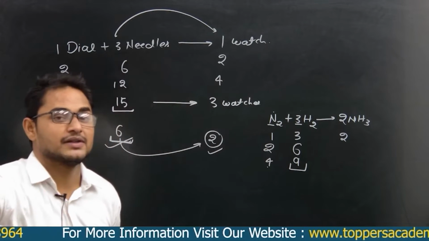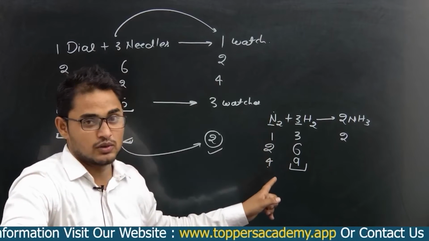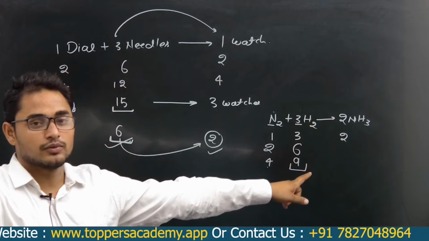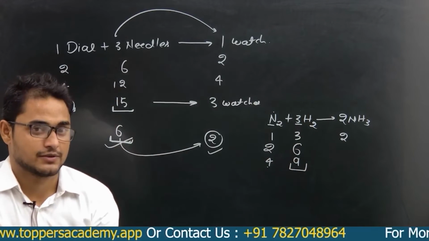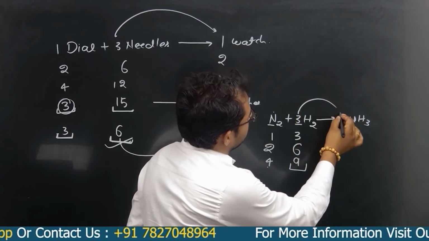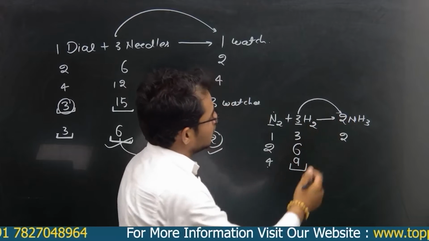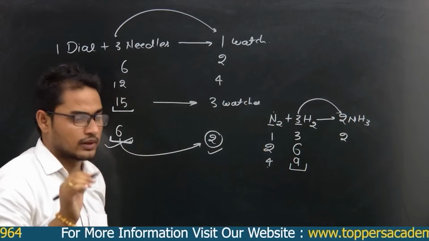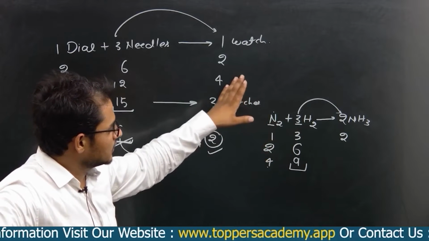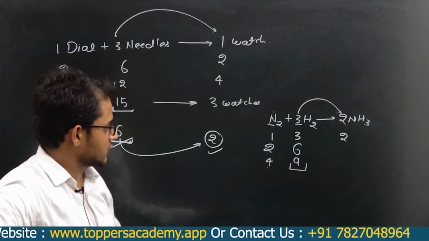So H2 is the limiting agent, and with the help of the number of moles of H2, we will define the number of NH3 moles that will be formed in this reaction. So 3 moles form 2 moles of NH3, so for 9 moles, we can solve it as 2 upon 3 into 9, right? So the limiting agent is H2 here in this case. Okay, limiting agent is H2.